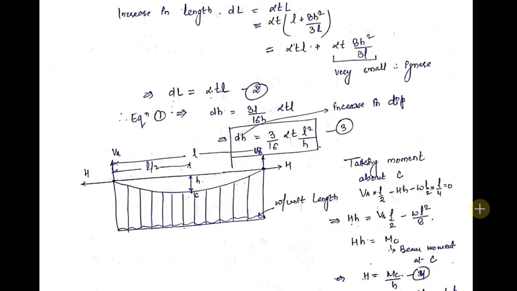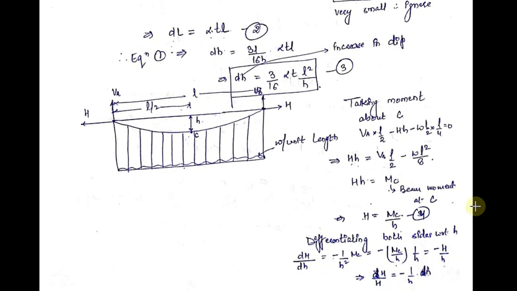Now let's come to the analysis part of this cable. Suppose this is your cable. These are the suspenders of the suspension bridge, and suppose this is the deck on which the traffic will move.